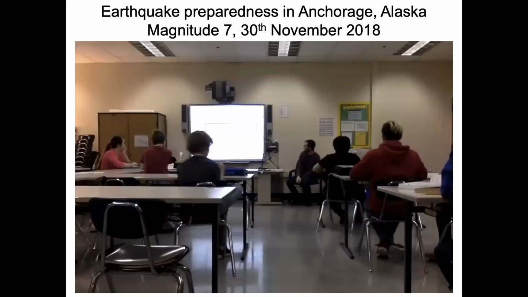In the same way we do fire drills at schools and workplaces, other places do earthquake drills. And while getting under a table may not save you if your entire roof collapses, further on in the video you see ceiling tiles start falling out of the ceiling.